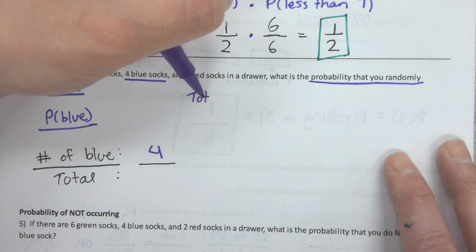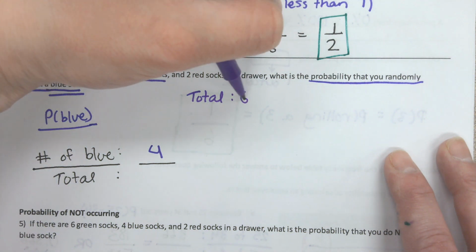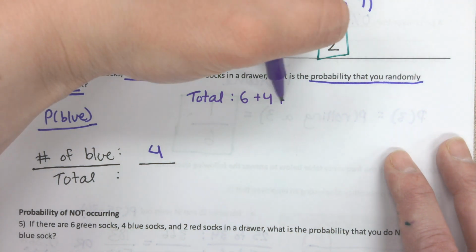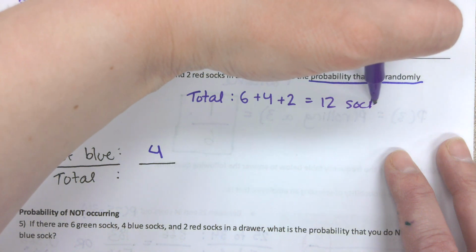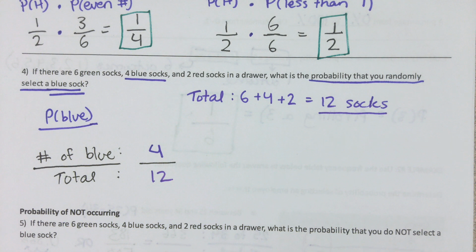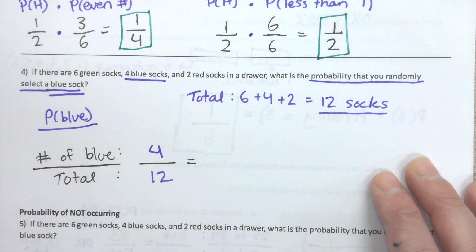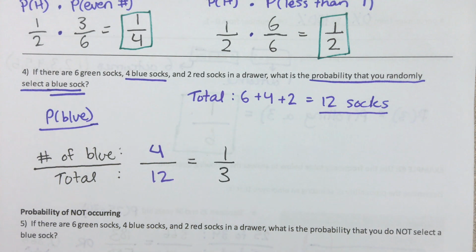And to get that total, of course, we'll need to add all of the socks that are in this drawer. There are 6 green, 4 blue, and 2 red. That gives us 12 socks. So it's 4/12. And we can use the calculator to reduce that to 1/3.